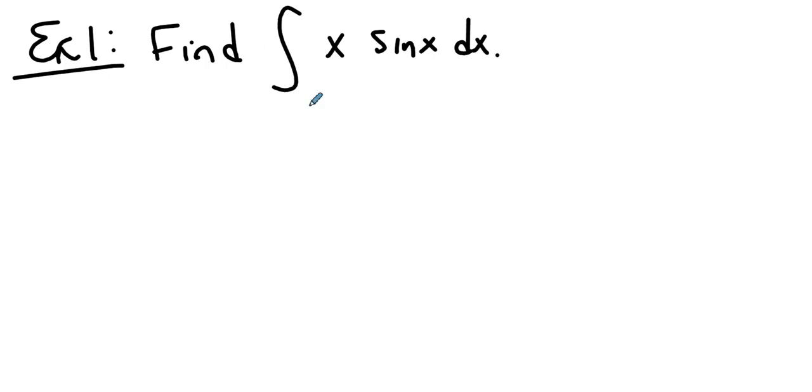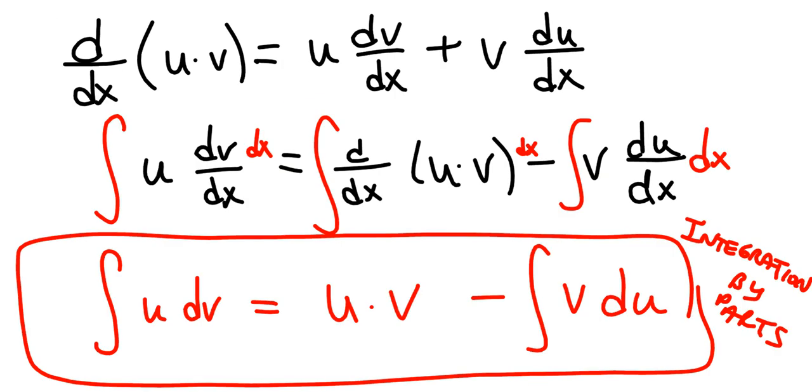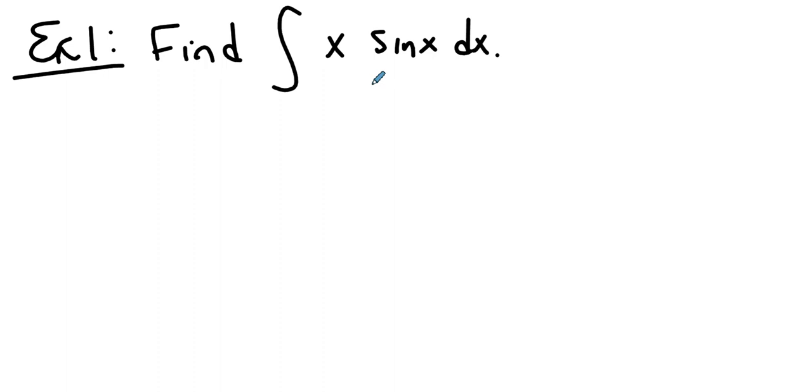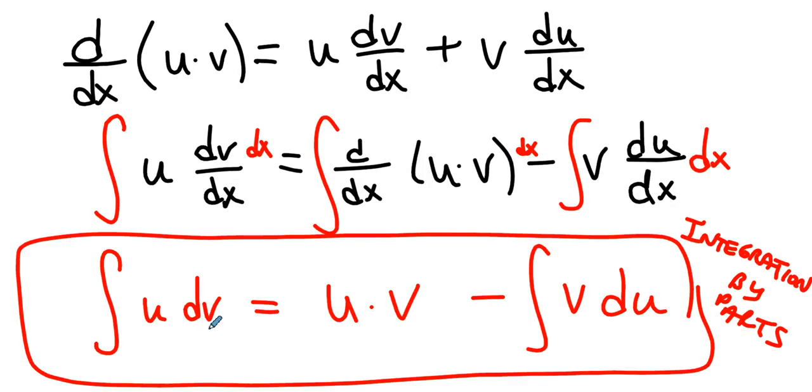We hope that some of this is going to be the u part, and we hope that some of this is going to end up the dv part. We identify our integrand as being u dv. And then from dv, we figure out what v is. From u, we figure out what du is. And we see if this thing is easier to work with than that thing was.